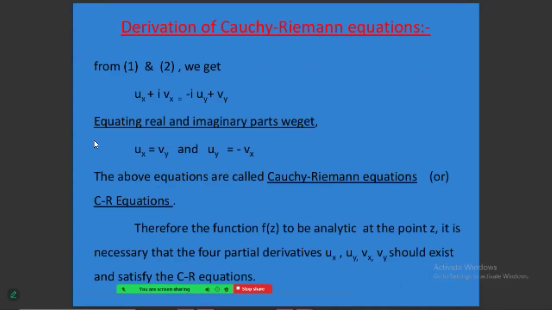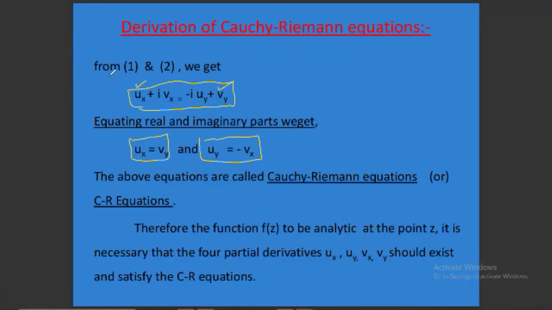We get ux plus i vx is equal to minus i uy plus vy. Now compare the real part and the imaginary part. The real part is ux on the left hand side and vy on the right hand side. So you will get ux is equal to vy and uy is equal to minus vx. This is nothing but the CR equation. We found the CR equation.